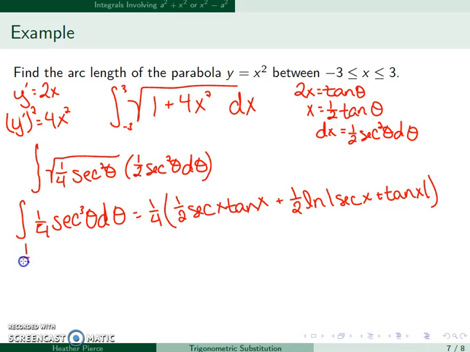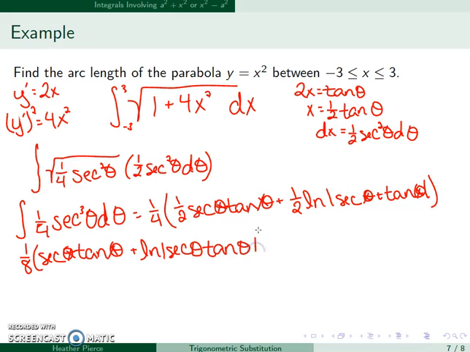So this is 1/8 secant x, or sorry, these are all thetas, secant theta tangent theta plus ln of the absolute value of secant theta plus tangent theta. So you'll notice I didn't change my bounds because it can be a little bit trickier to find these inverse tangents.